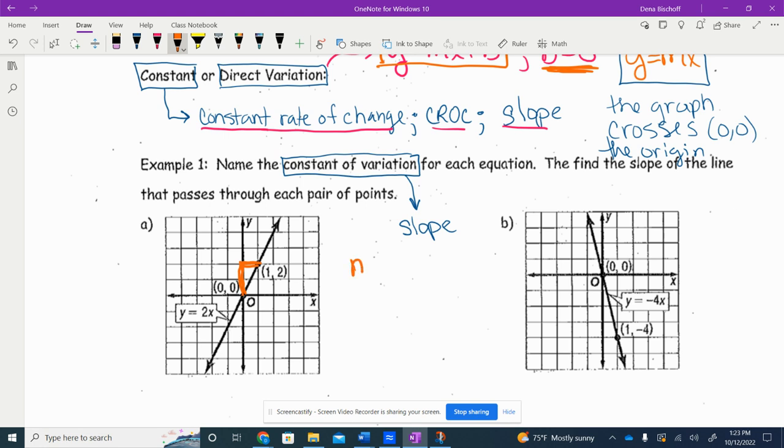What is it? My slope is 2 over 1. And the equation of this graph is y equals 2 over 1, or just 2, times x. And it's actually written right here for you. So this graph has a constant of variation, or a slope of 2, and it's the equation y equals 2x.